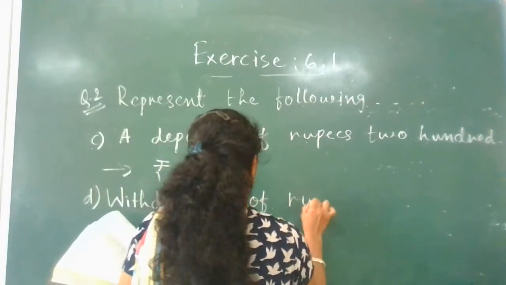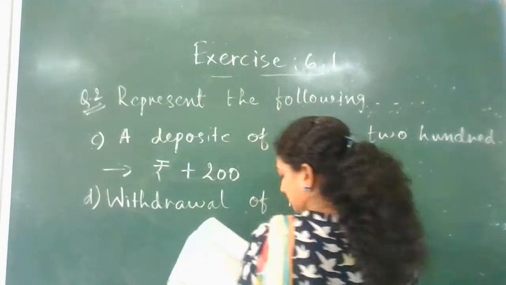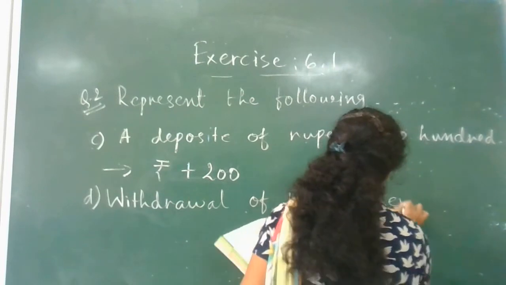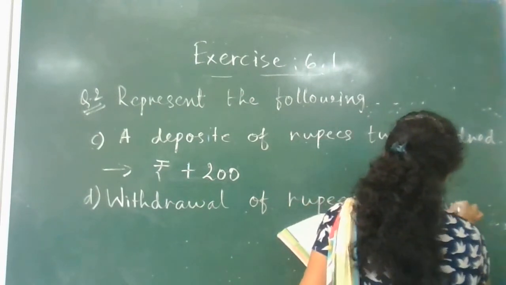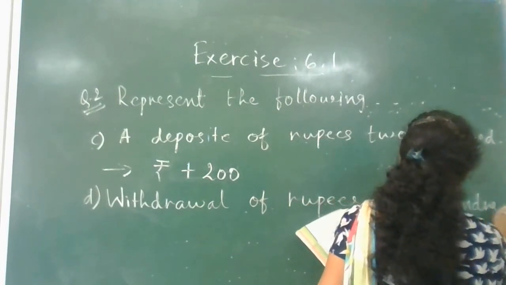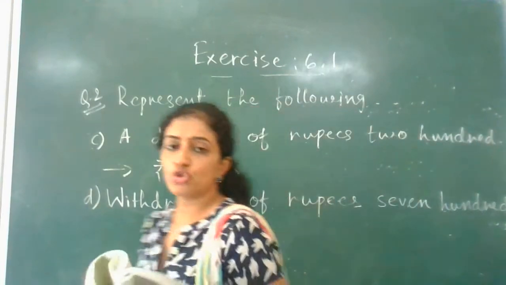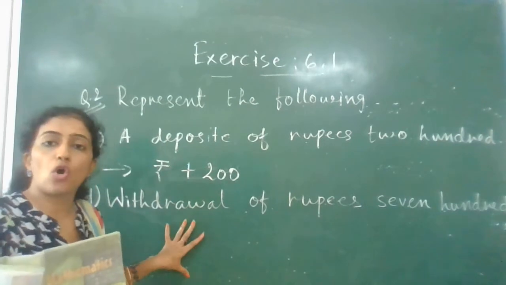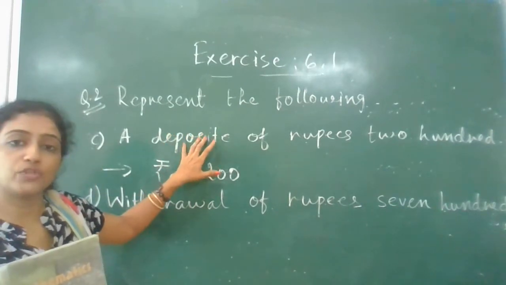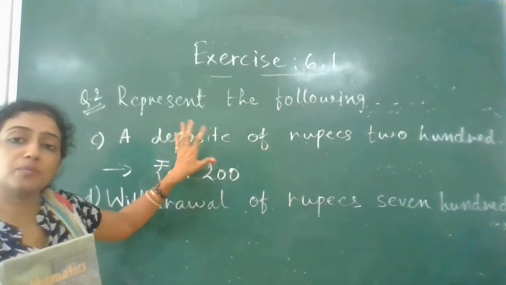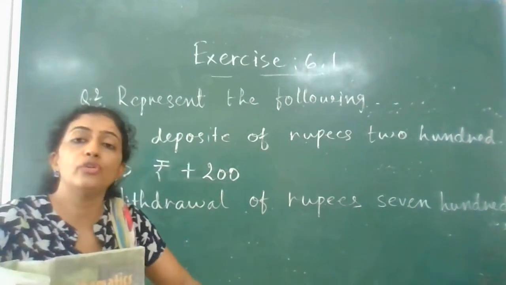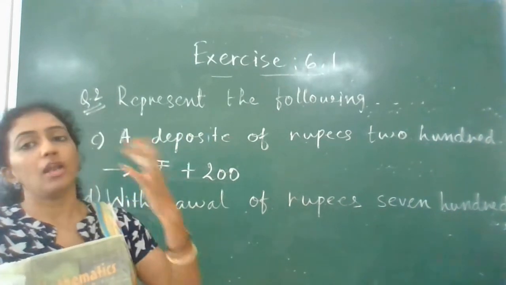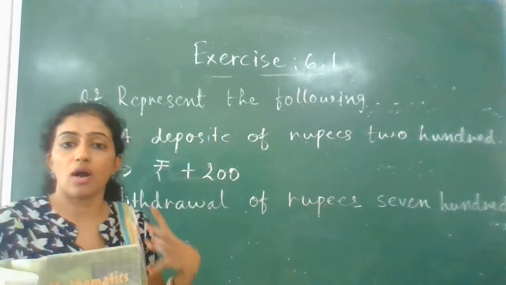Withdrawal of rupees 700. This word withdrawal is the opposite of deposit. When I say deposit means you are adding to your account, the same way withdrawal means you are taking out from your account.